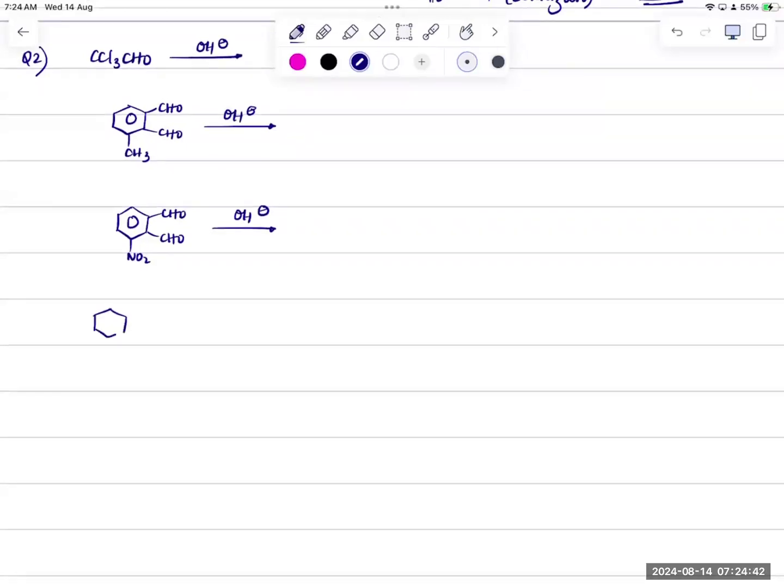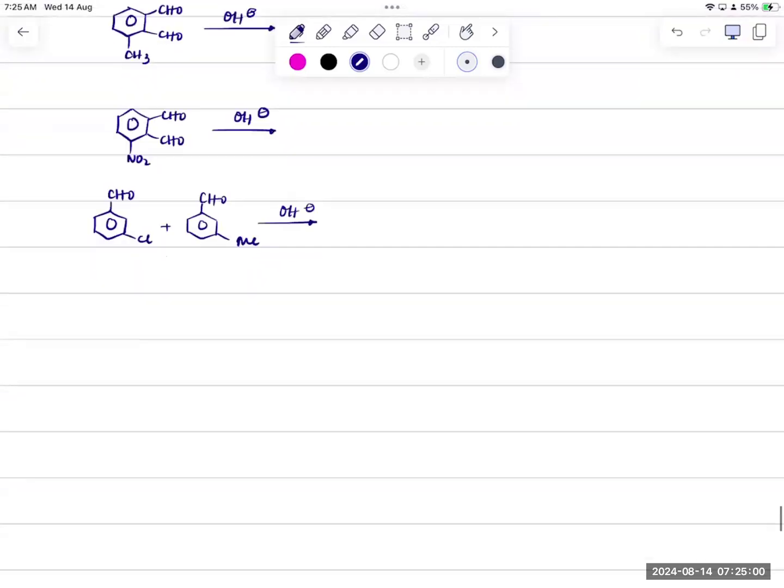Then I'll have two different molecules. One is CHO with Cl, and CHO with methyl. Combining these two, what is the product formed? And this is called furfural, which is CHO, furfural.